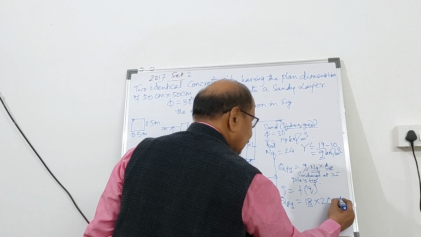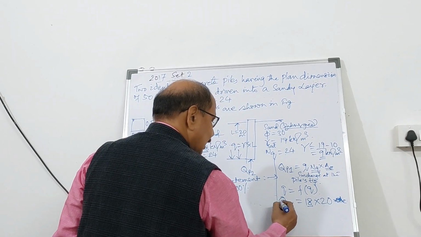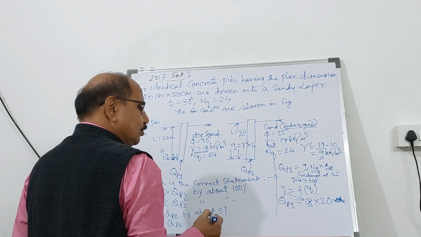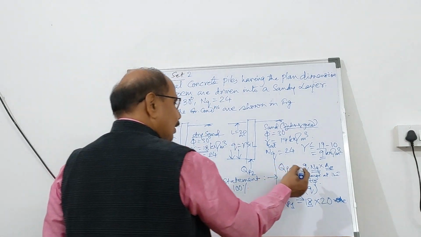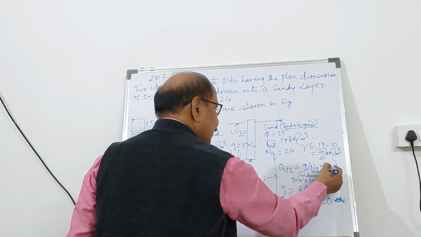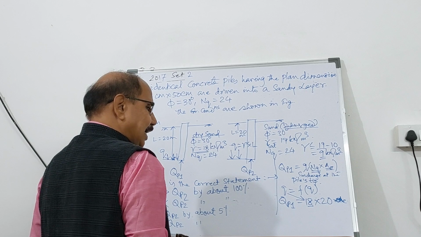So if you calculate this Q value, it is going to be 18 into 20 multiplied by NQ multiplied by A. NQ and A, for both it is going to be same.